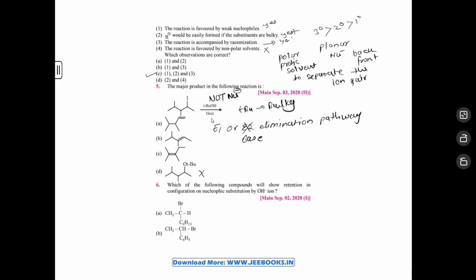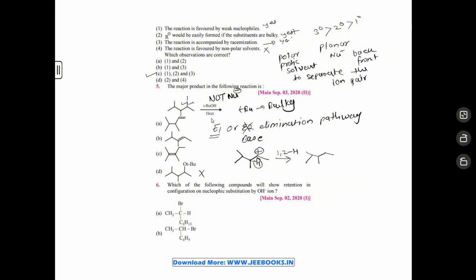It means the reaction is following the E1 mechanism, and in the E1 mechanism, we know that the first step is the formation of carbocation by the breaking of this carbon halogen bond, and after that we have to see if there is a possibility of rearrangement to give a more stable carbocation. So we can see that here there is a possibility that this hydride can transfer to this carbocation, and this is called a 1,2 hydride shift, to give the more stable carbocation.